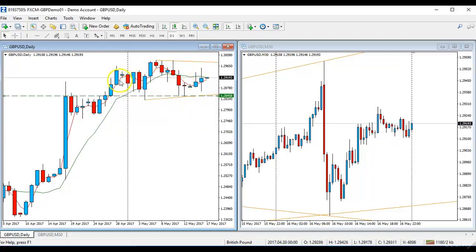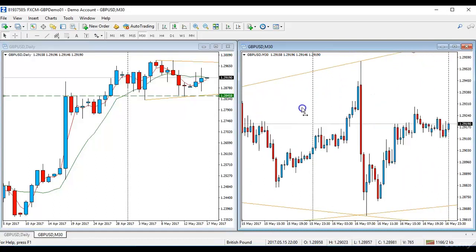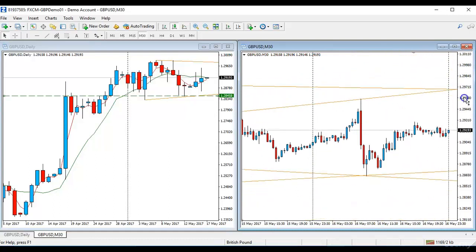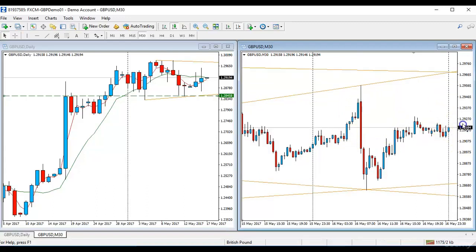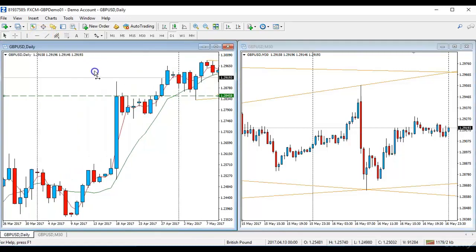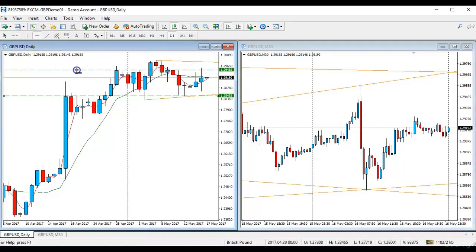We can see that these daily candles for basically the whole of May have just been moving sideways. So when we do our trading on the lower time frames, we start putting in our levels. There is another level of resistance there.